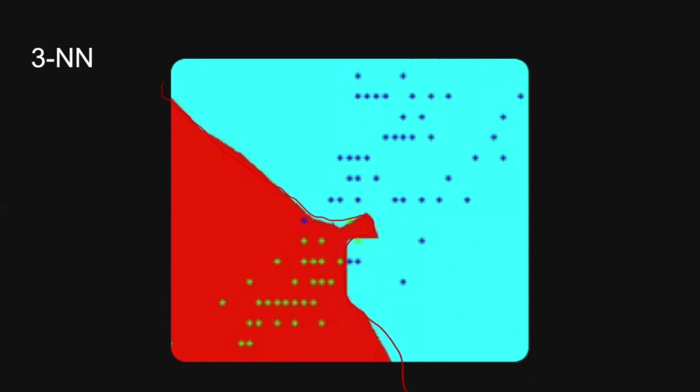The points in this region are going to be classified as iris virginica, and the points over here are going to be classified as iris setosa. That's basically how k nearest neighbor algorithms work.